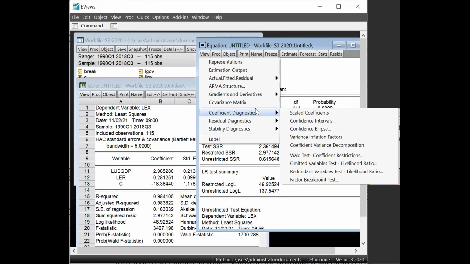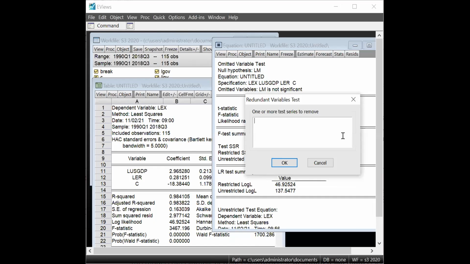And for example here, the redundant variable test. We also include this one.